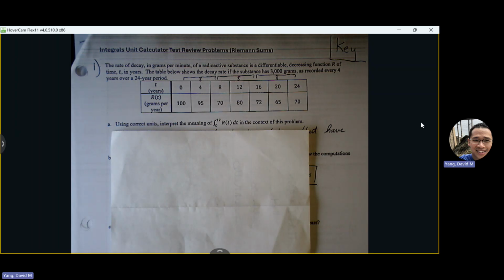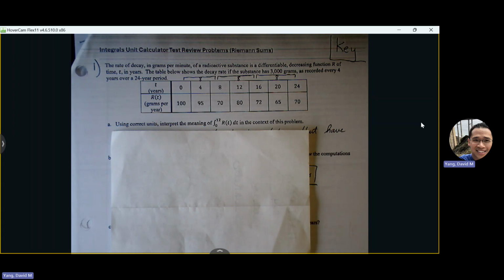The table shows decay rate if the substance has 3,000 grams to begin with, as recorded every 4 years over a 24-year period. So we have the amount in grams that the substance begins with, and then we have the rate of decay over the next 24 years in terms of the rate at which it's decaying.